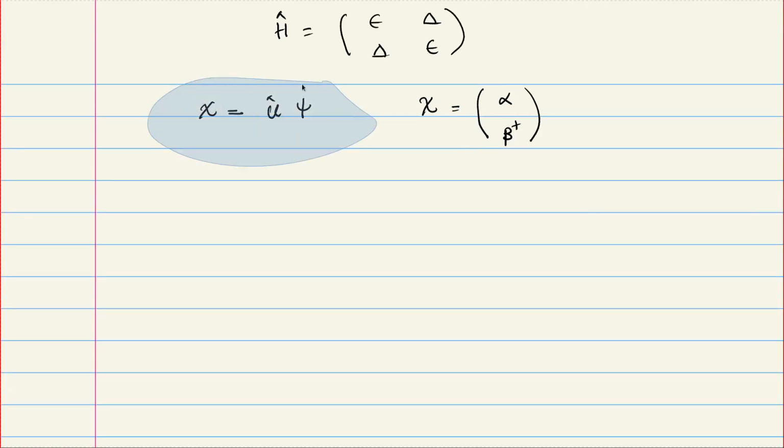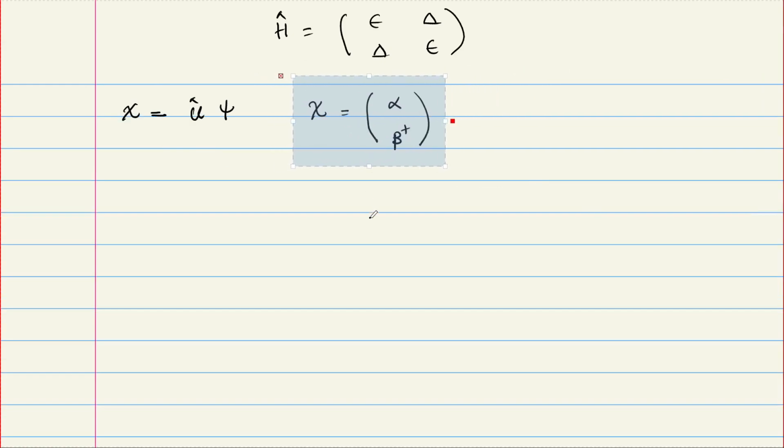Good. Let me also write the relation between alpha beta, so it's like a unitary transformation U, which is u v, and I want to choose these u's and v's real, and if they don't work, I can go back and then fix them.